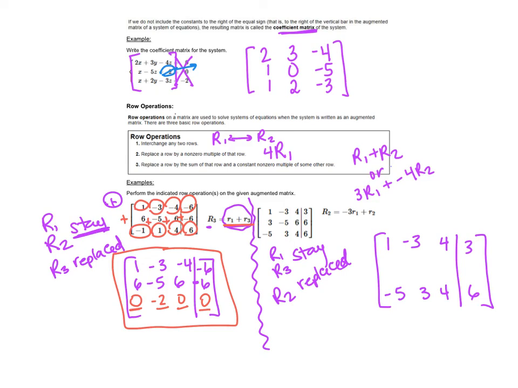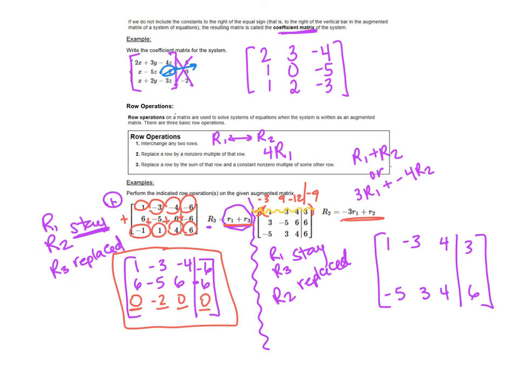Now I'm going to replace row 2 by multiplying row 1 by a -3 and adding it to row 2. So I'm going to multiply by a -3 here. That's going to give me -3, 9, -12, and -9. I'm going to scratch this out because I'm not going to use it anymore.